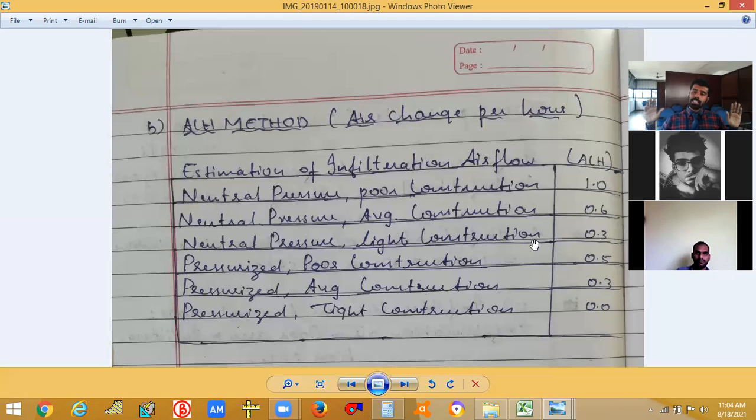So here we will be using the same formula that we have used for ventilation, for finding the ventilation of air or Q value.